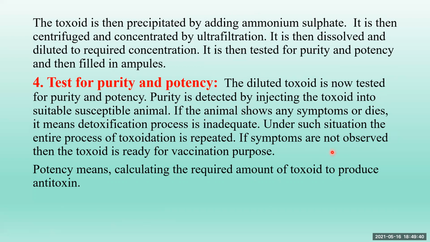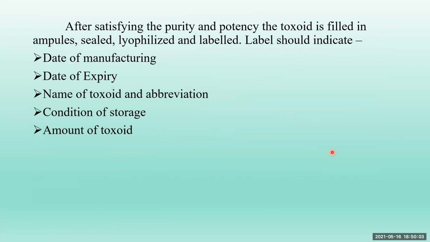If the animal does not develop any symptom, that means the toxoid is ready for vaccination purposes. Potency is determining the required dose of toxoid to be administered to human beings so as to stimulate antitoxin production. So potency is to be determined.